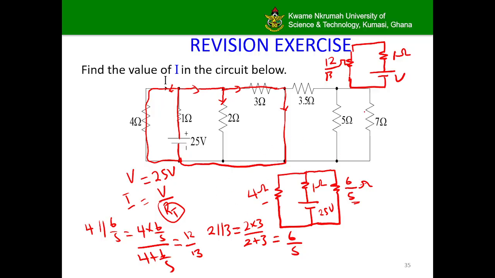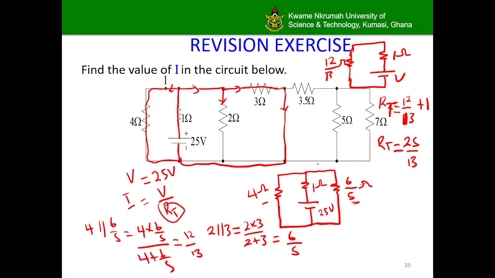Now from this circuit, we can clearly tell that the total resistance of this circuit is simply the 12 over 13 ohms in series with the 1 ohm, because there's no node or junction between them. And so the total resistance is 12 over 13 plus 1. And so the total resistance of the circuit is 25 over 13.